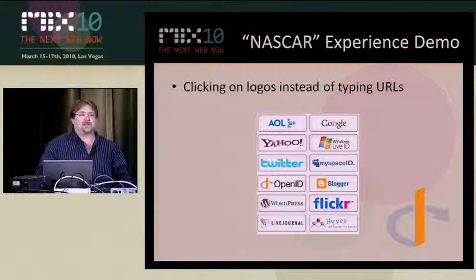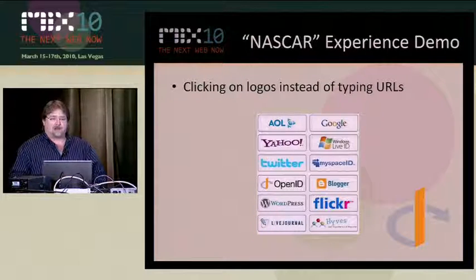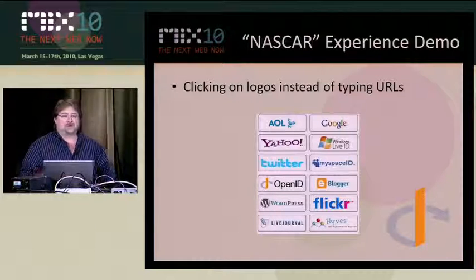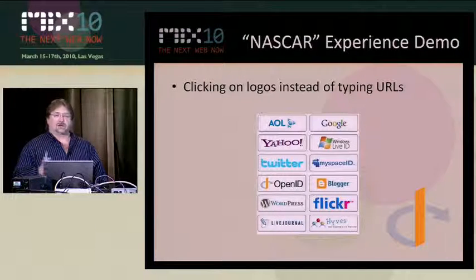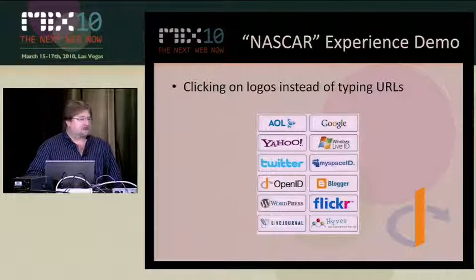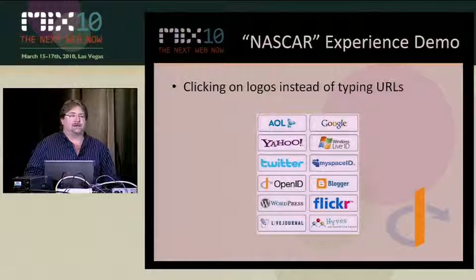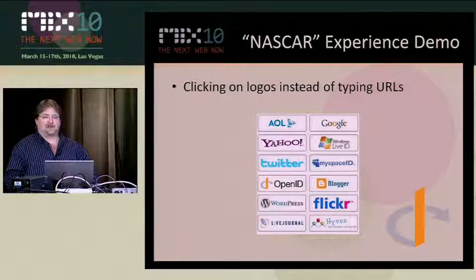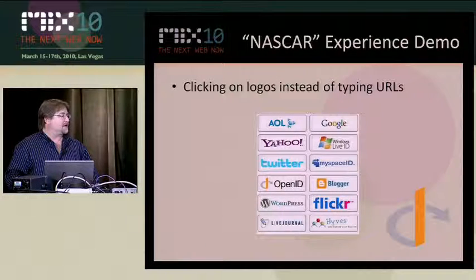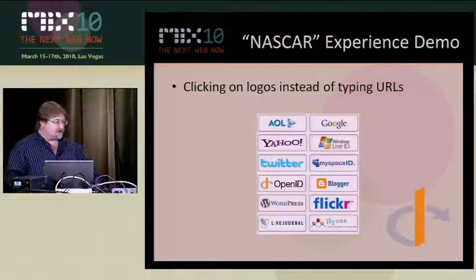So you saw me type in that blog URL, and some of the blog URLs are worse than that. The Google one has a bunch of long characters in it. The user experience studies have shown that fewer than about 5% of the population is able to successfully get through an OpenID sign-in experience where they have to type in a URL. So that's not great.